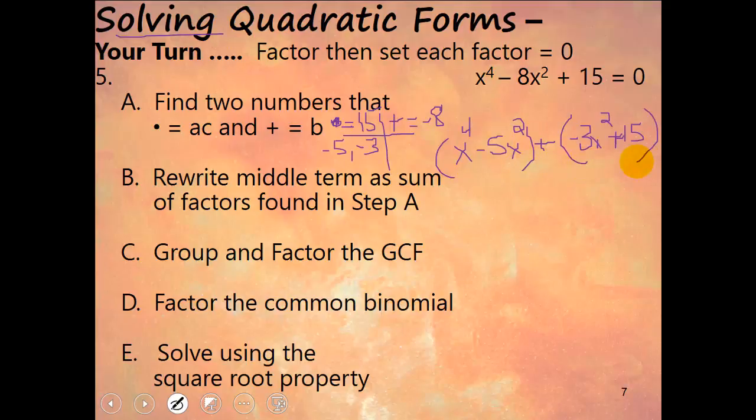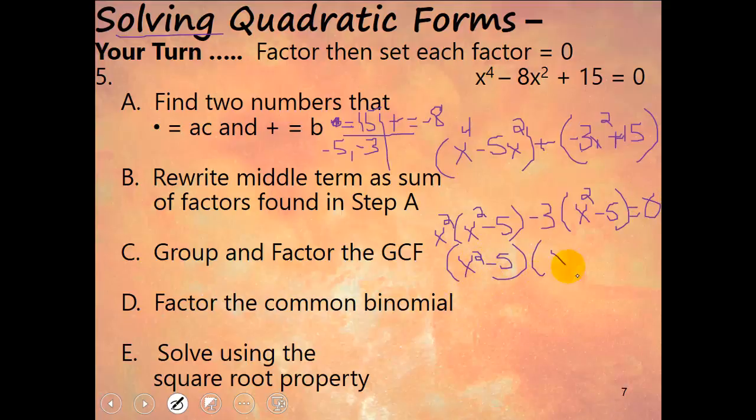And then I get x squared times x squared minus 5, and then I'm going to factor out a negative 3: minus 3 times x squared minus 5. Again, that's equal to 0. Okay, I'm going to factor out the common binomial. So I get x squared minus 5 times x squared minus 3.